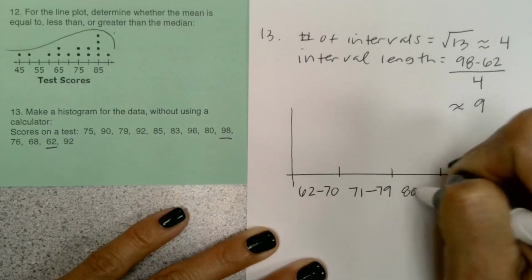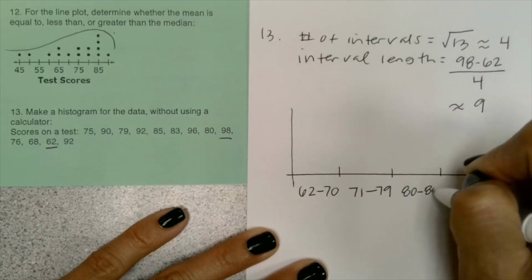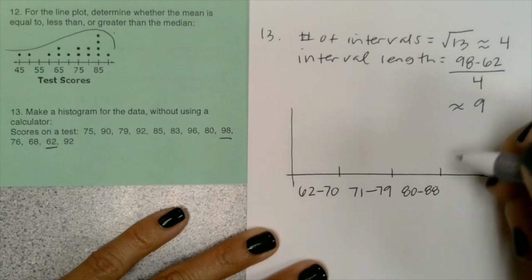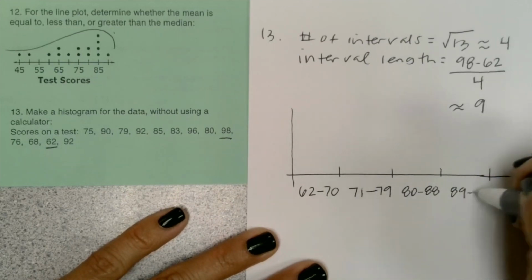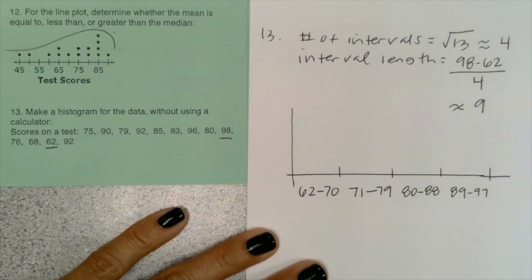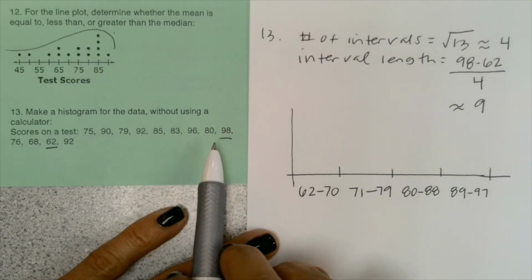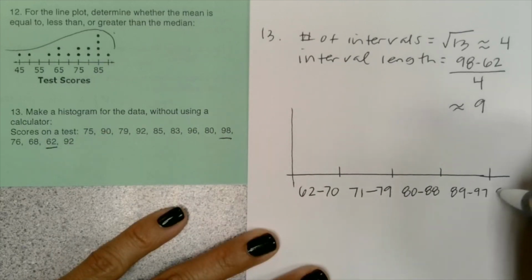Next, we'll start at 80, and then we go to 88, because if you count out 80, 81, 82, 83, all the way to 88, that would be 9 values. And then finally, we're going 89 to 97. And then if you just double check over here, you can see that you still have the 98, so we'll just do one last one.